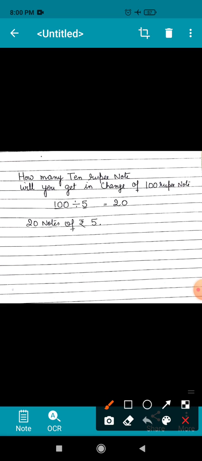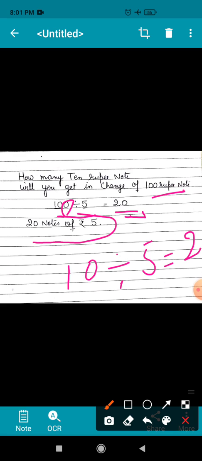You will divide 100 by 5. 10 divided by 5 comes to 2, and 1 zero is extra, that will go with 2 and it becomes 20. It means when you get the change of a 100 rupee note, you will get 20 notes of rupees 5. Children, hope you all have understood.